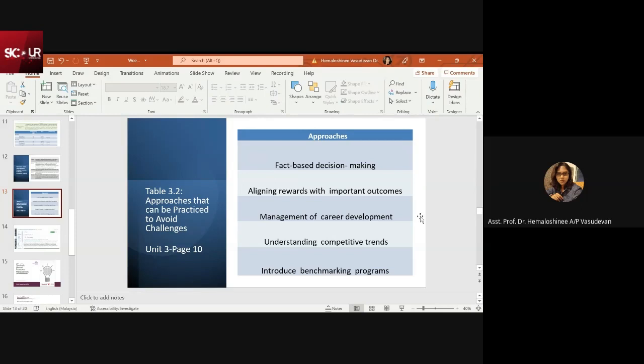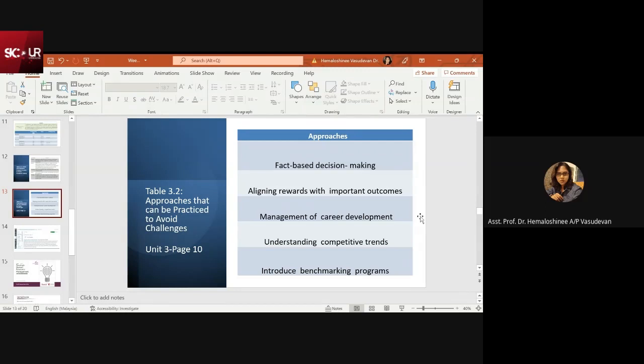Management of career development: how do you manage the career development? You have to come up with a strategy for career development. Once you come up with it, you have to monitor and manage the career development, from which you can gain profit. So the last, you have to understand the competitive trends.